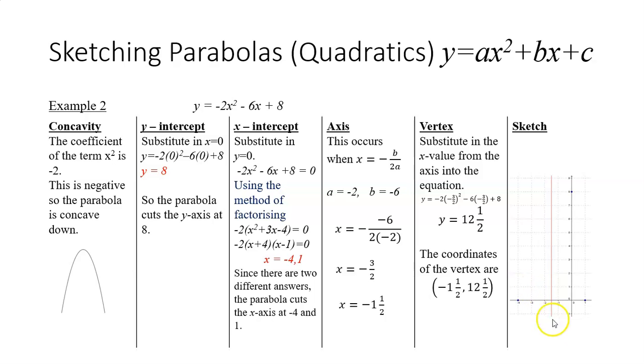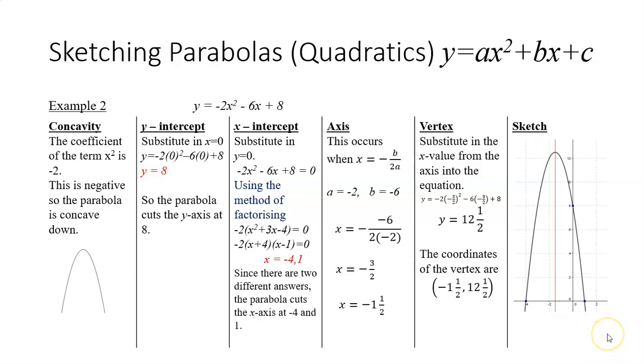And I'll just put in some grid lines there just to give you a little bit more of a look at what's actually going on. And so now we put all that together, and the important part here also is at minus 1.5, 12.5, which isn't quite on my diagram at the moment. I can fix that.